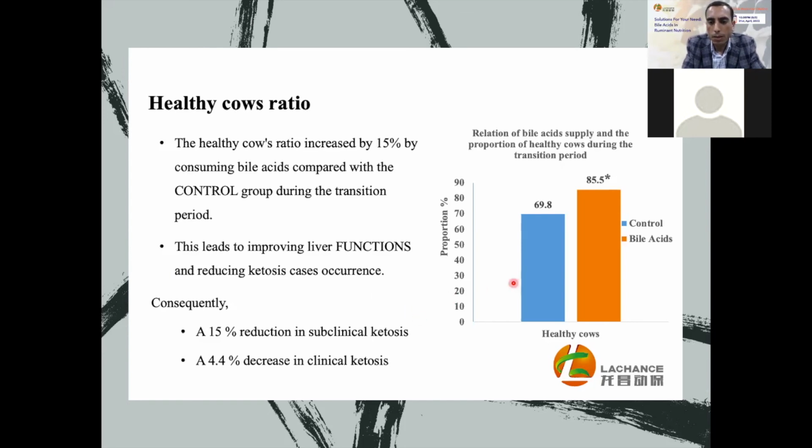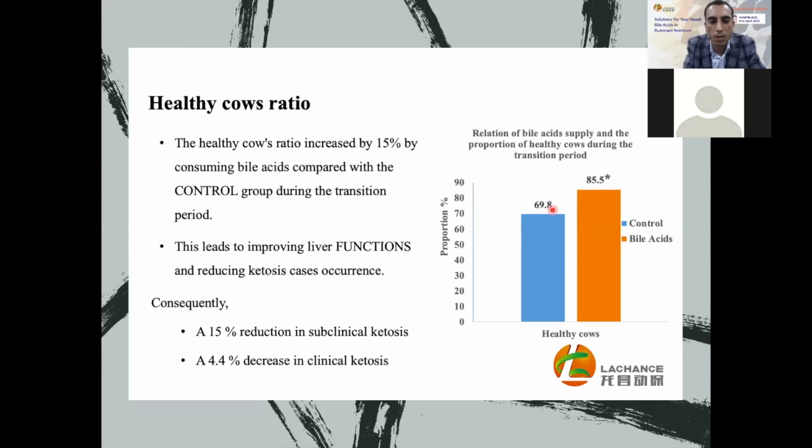Here in this figure, the percentage of healthy cows and ketosis cows. For the group that received bile acid supplementation, the rate of healthy cows was 85%, and about 70% for the control group. That is about a 15% improvement in the healthy ratio.